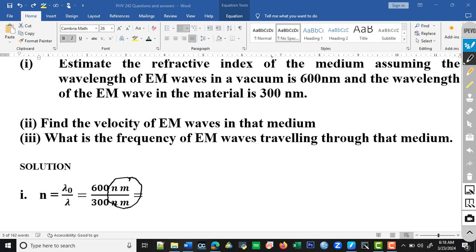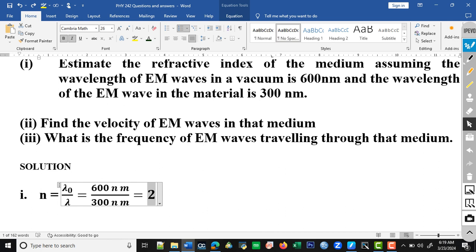But as we continue, I will do a conversion later on. Dividing 600 nanometer by 300 nanometer, I get the value 2. So this gives us the value for the refractive index.